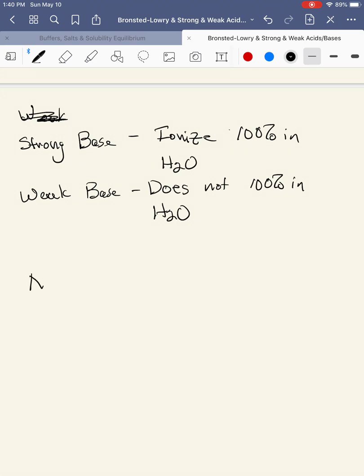So again, if I have a strong base like sodium hydroxide, and for right now we're going to identify bases as primarily having hydroxides in them, 100% is going to go to Na plus and OH minus. So at the end, I have none of this left and all of this, 100% of the stuff over here.